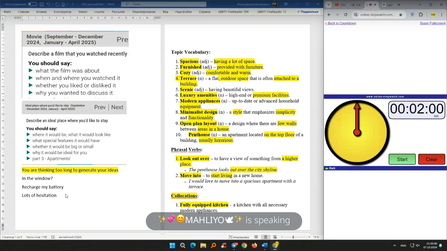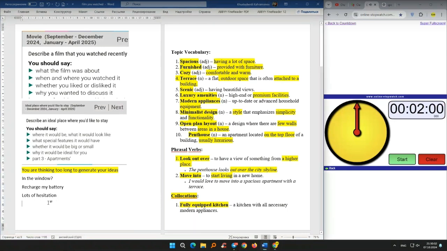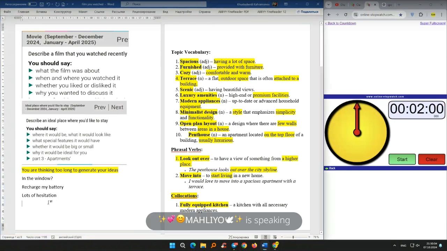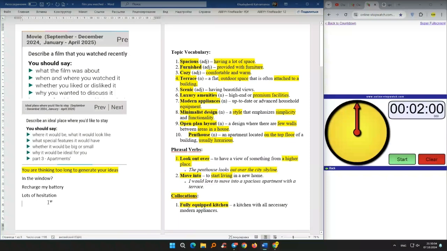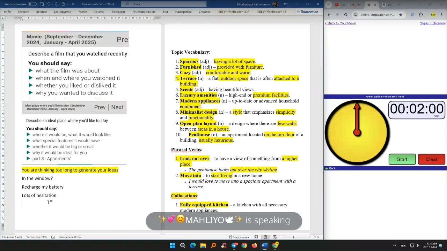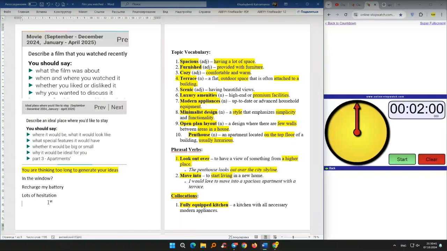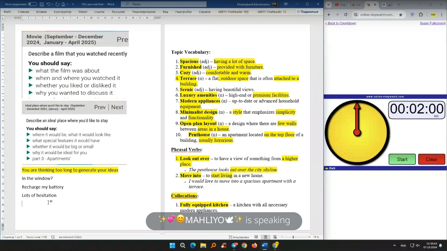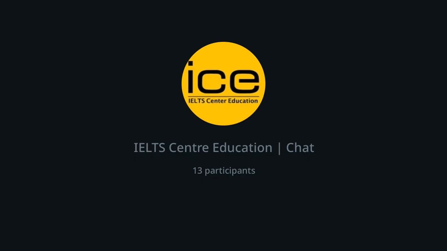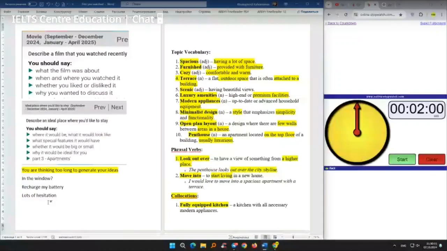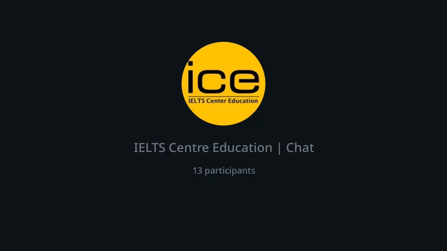Because you are thinking too long to generate your ideas. I had too many ideas, but I had difficulty with gathering them. That's why you should have a plan in your mind. Yeah. And what did you mean by saying in the window? What does it mean? In the window.